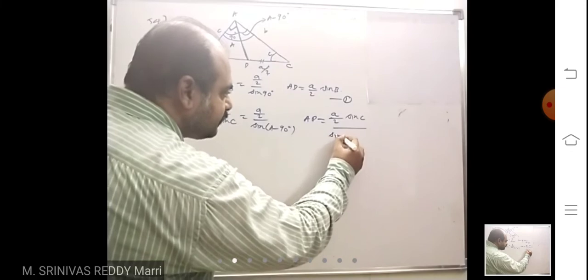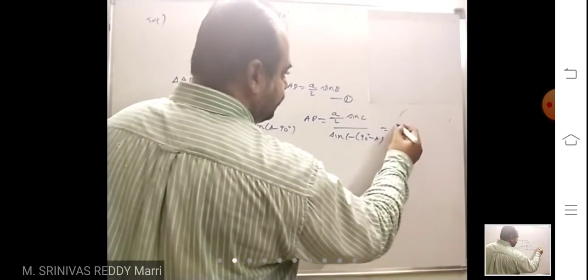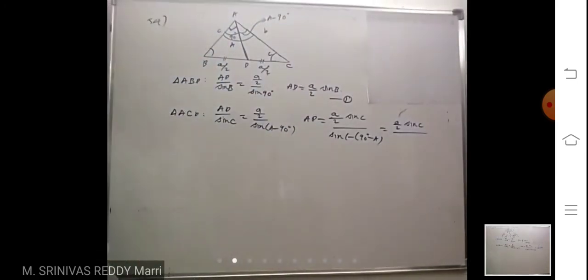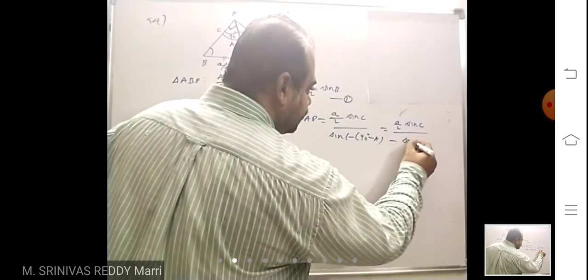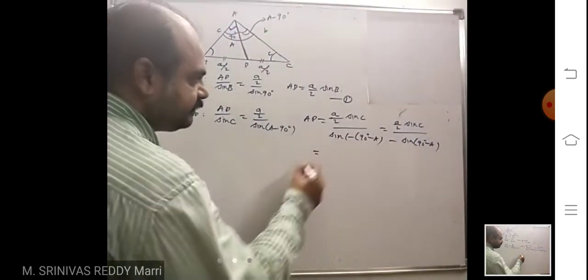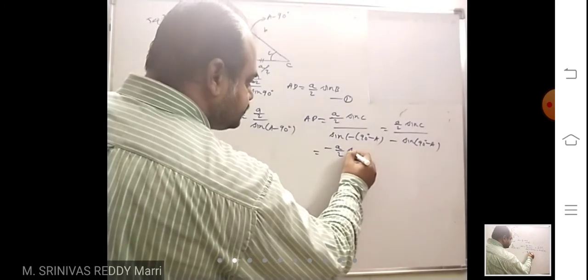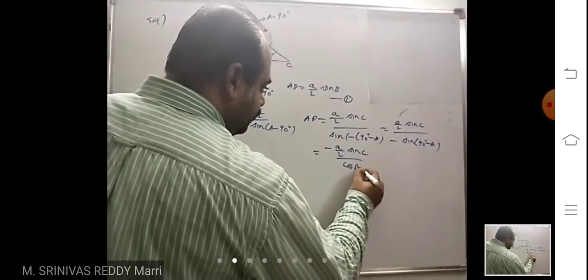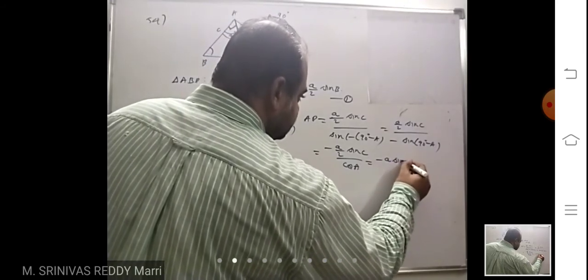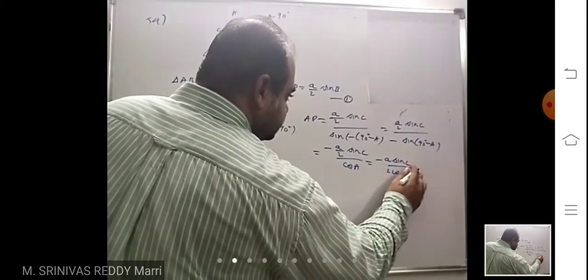Here you take minus common: sine of minus of 90 degree minus A. That means a by 2 sine C divided by minus sine of 90 degree minus A. That means you will get minus a by 2 sine C divided by cos A. So from here I am getting minus a sine C divided by 2 cos A. Let us say this is equation 2.